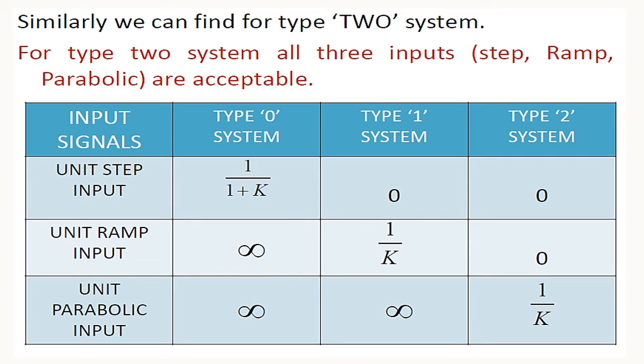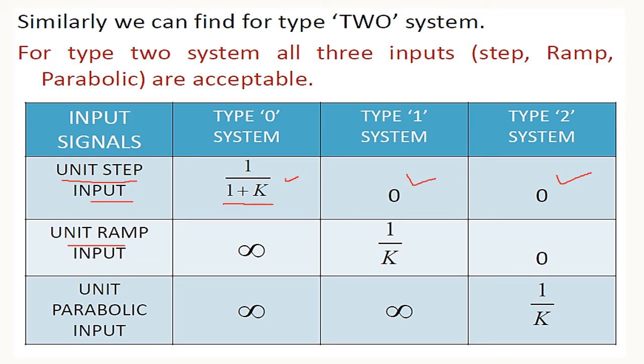So this is the summarized part of all the type systems with different inputs. For step input, for type 0 system, we get 1 divided by 1 plus k. Again, it's a finite value, it is acceptable. For type 1 system, it is 0, not acceptable.